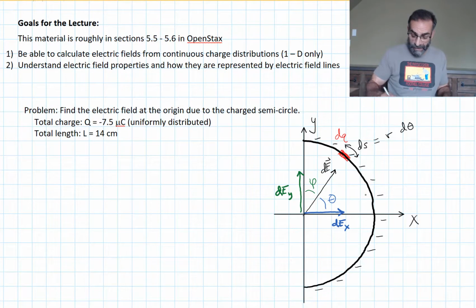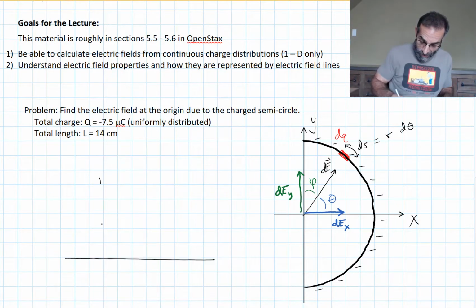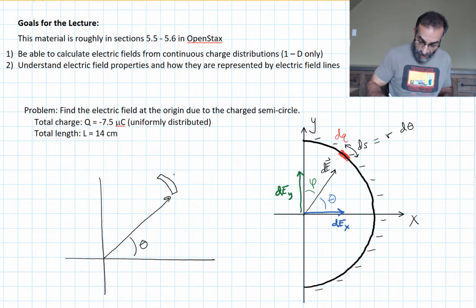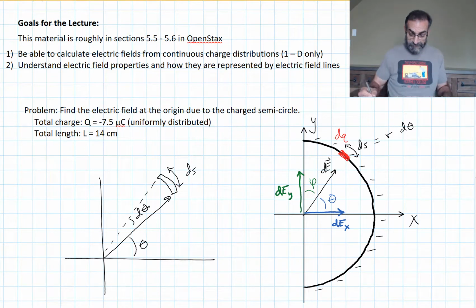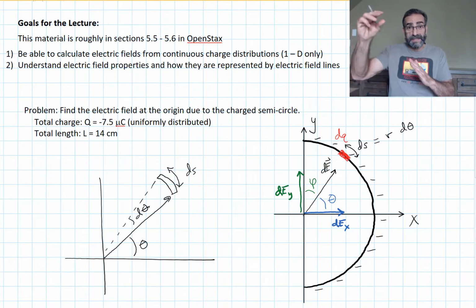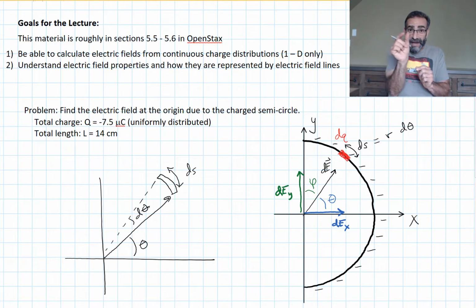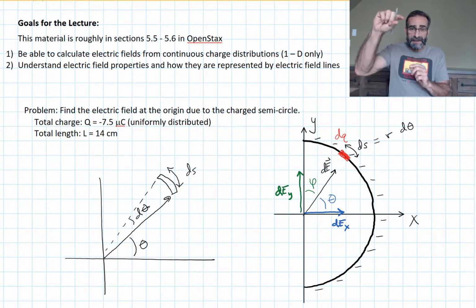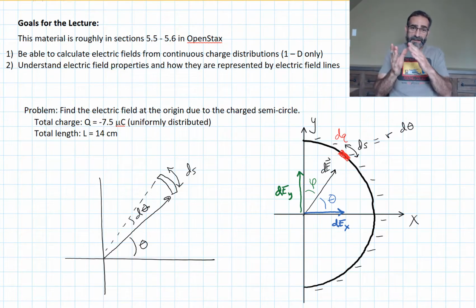The reason we end up with that is that our arc length subtends such a small angle, we call that d theta. Theta is the angle toward dq, but dq actually has a tiny bit of width to it, so it subtends an angle d theta.